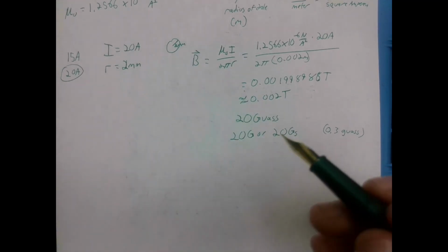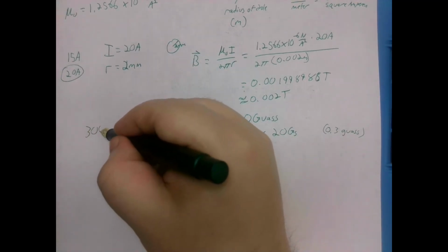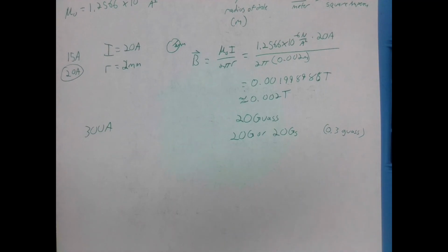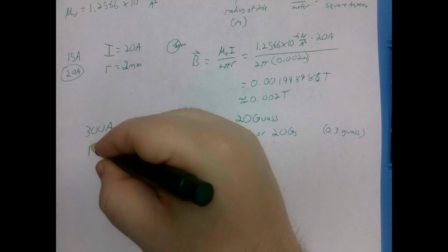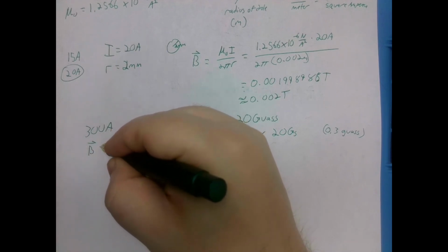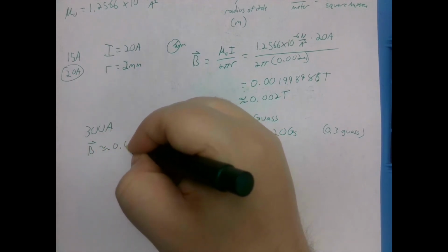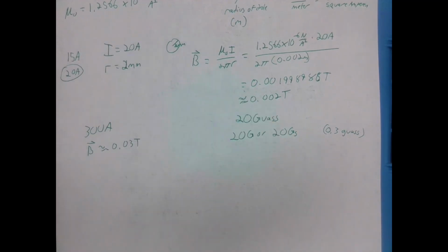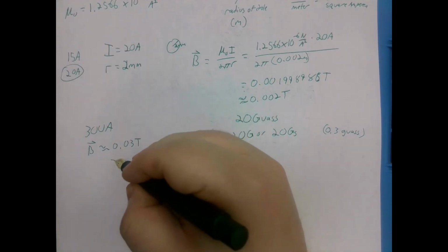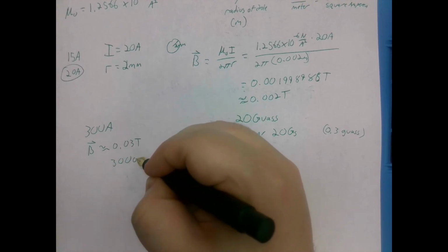So if we instead did it for 300 amps, going in and changing that number, it would give us a magnetic field strength of approximately 0.03 Tesla. Multiplying that by 10,000 is 300 Gauss.